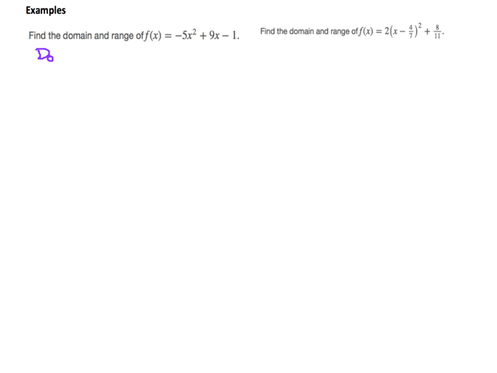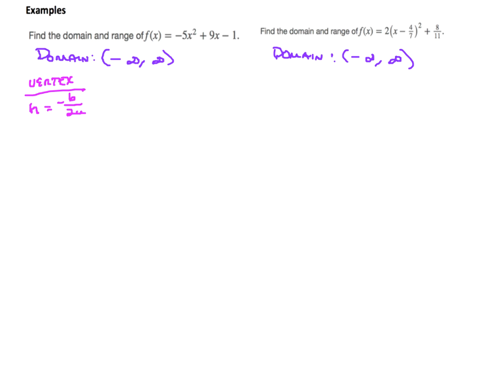Okay, so here, find the domain and the range. Well, the domain is negative infinity to positive infinity. All right, the range. So we need to figure out what the vertex is so we can decide what the range is.